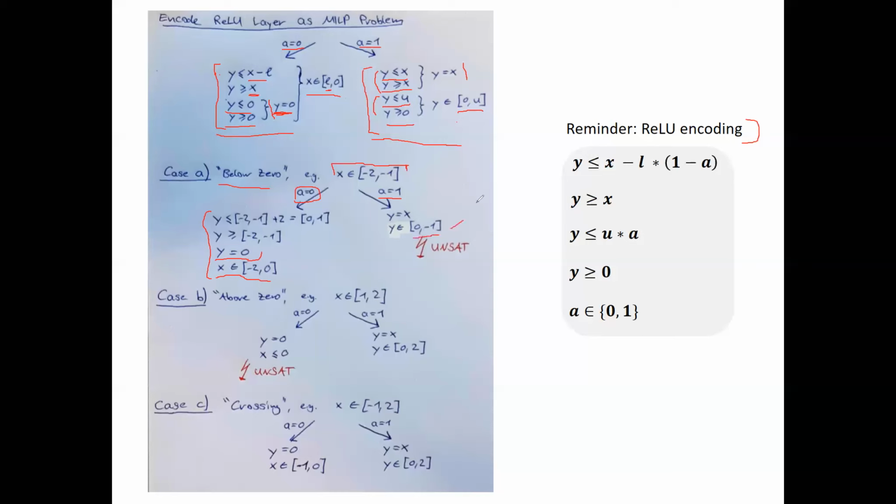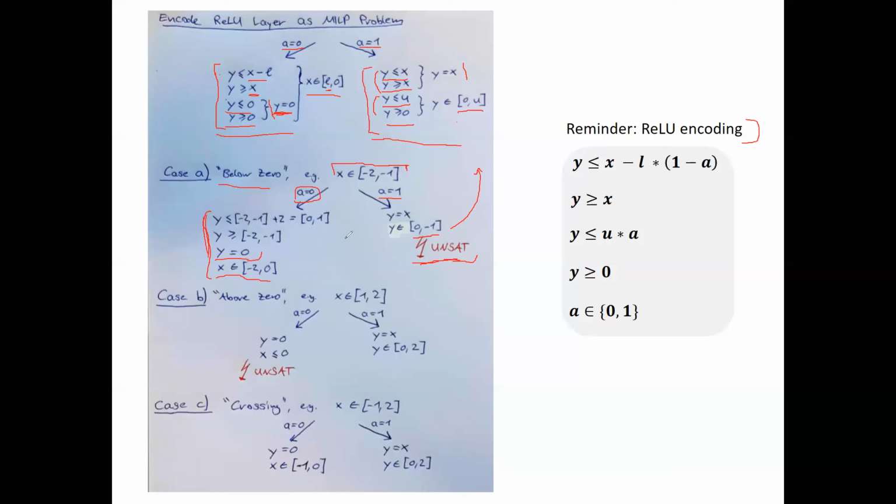If y has to be greater than or equal to 0 and less than or equal to -1, then this is clearly unsatisfiable. There's no way to find values for y where this holds, so the solver doesn't really have to proceed further to explore this. But you would need to consider the case where a is equal to 0.